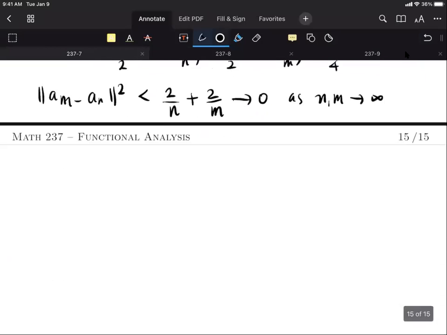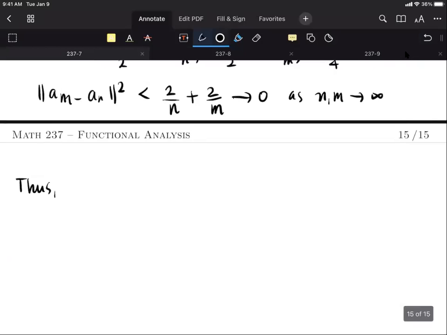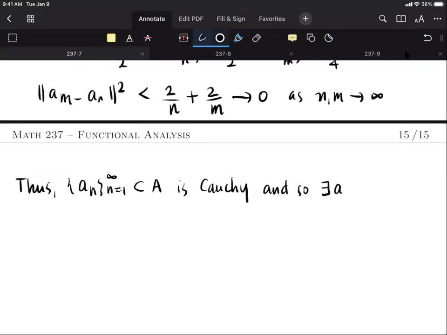This means that our sequence is Cauchy. And so we can find a limit by completeness of X. So we can find an ax in X such that an converges to ax by completeness of your Hilbert space.